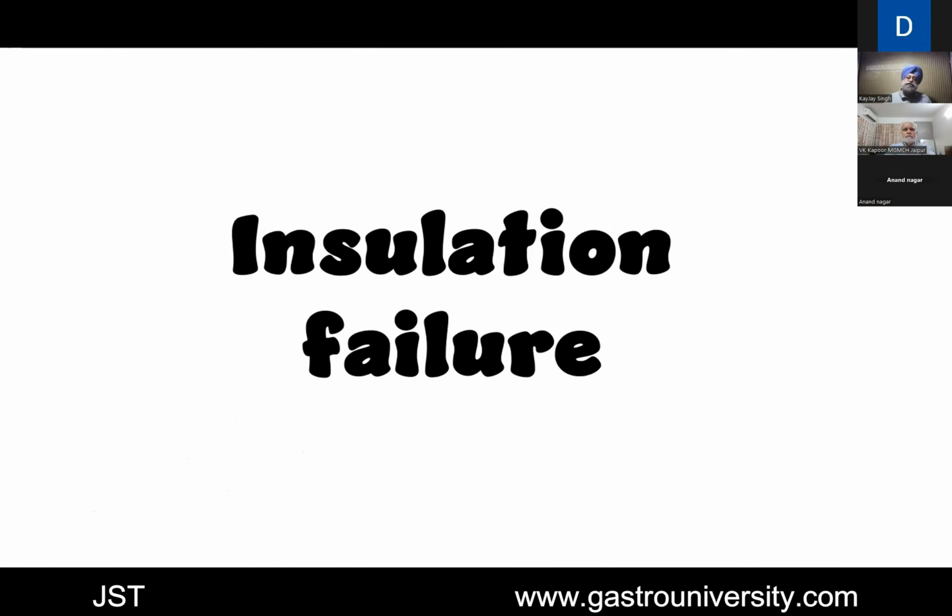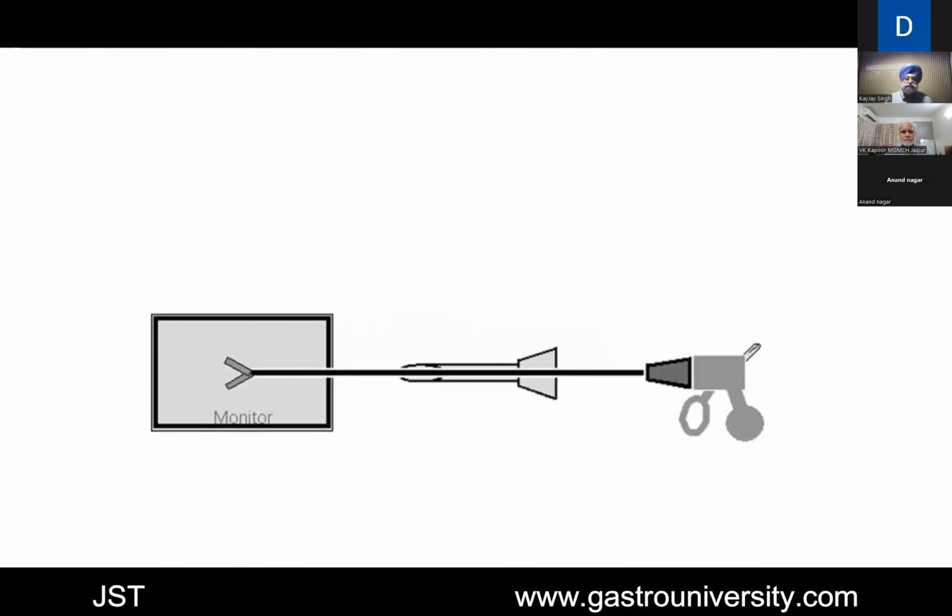Next is insulation failure. What is insulation failure? We all know that all electrodes are covered with a protective insulation sheath. In any laparoscopic surgery instrument which is electrode based and can be connected to cautery, there's a sheath on this part of the instrument, and only the bare distal area, which is the working area, is to be in touch with the area of dissection.